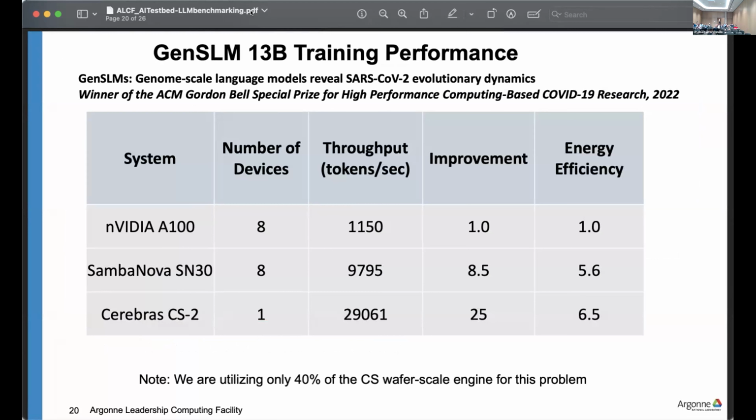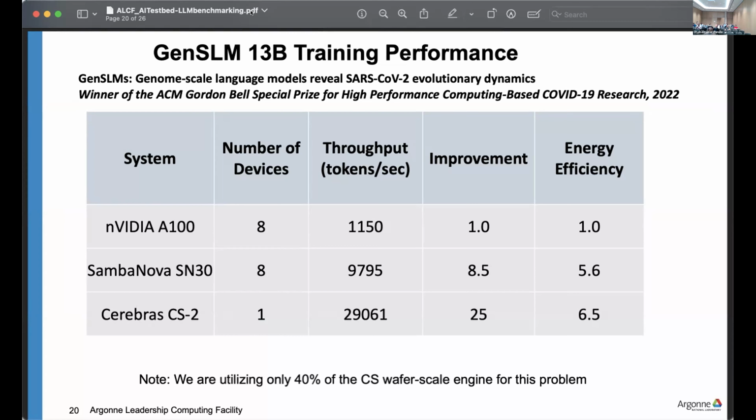This is for the 13B parameter model, looking at the A100, SN30, and CS-2. We had to run this model on 8 A100s and 8 SN30 RDUs, but it can run on one CS-2. If you see, this is the throughput, tokens per second improvement. More recently, we also looked at the energy efficiency.